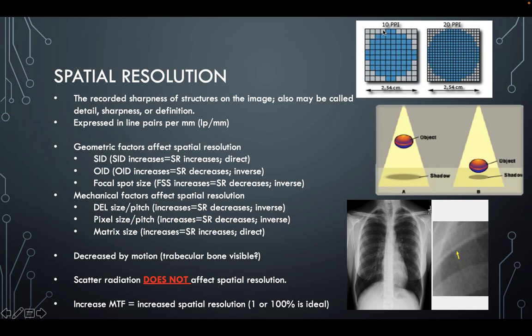So I have a smaller matrix size, even though I have 2.54 centimeters, which is an inch, even though I have a matrix here that the field of view is an inch by an inch, my matrix size here is smaller because I have less pixels. So here I have 1, 2, 3, 4, 5, 6, 7, 8, 9, 10.